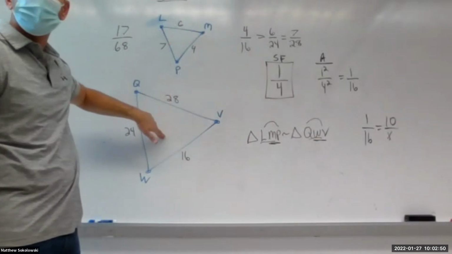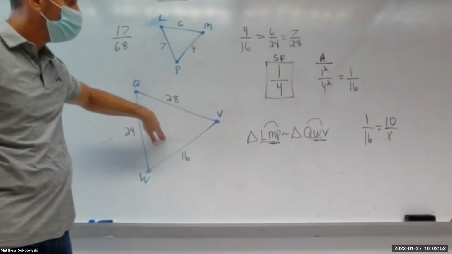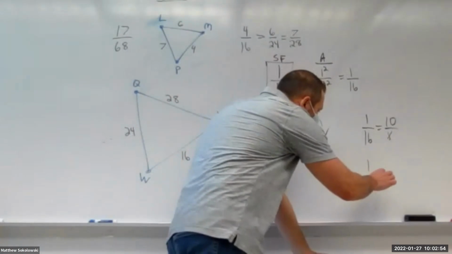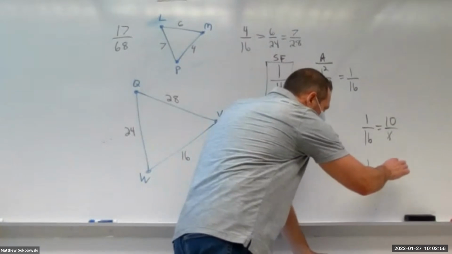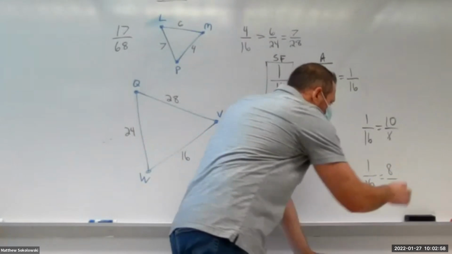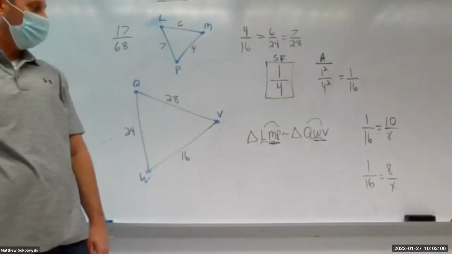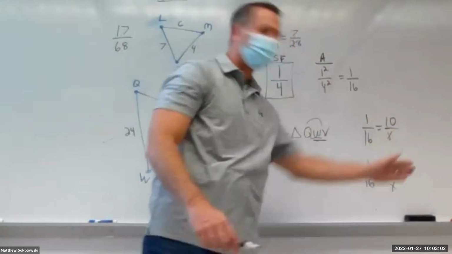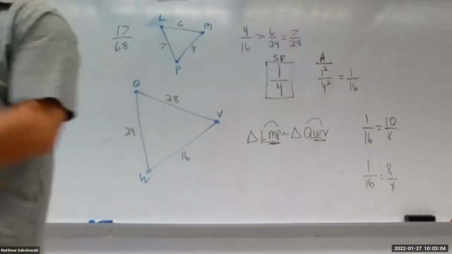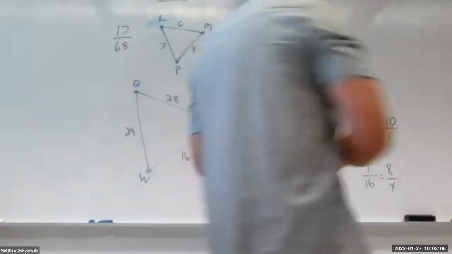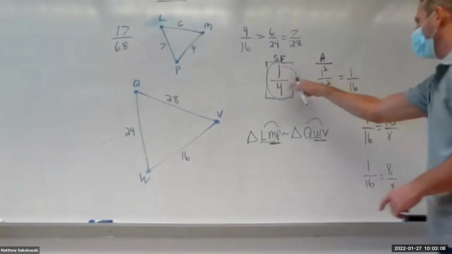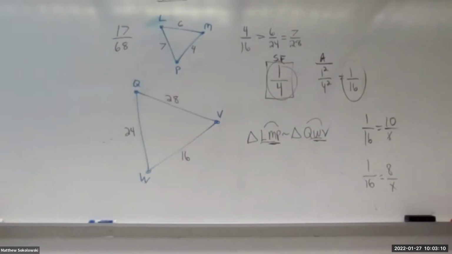Okay, if the area of this was 8, what's the area of this? 8 times 16, right? Or 1 times 8 is 8, 16 times what? Where does 16 come from? You square the scale factor. If you take this and square it, it gives you the ratio of the areas.